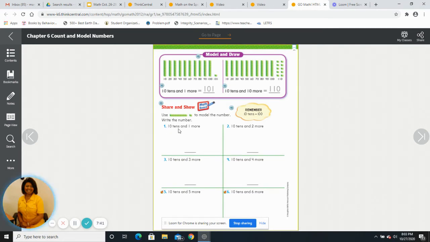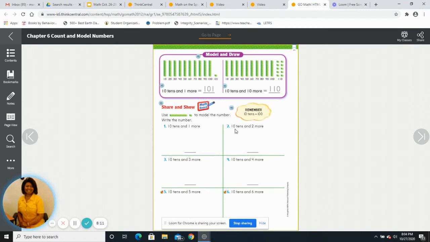So you're going to model the number and write the number. So 10 tens and one more. So how could you model that? Well, you can draw 10 lines and you can draw a circle to represent your ones. So for number 1, I would have 10 lines and then I would have a circle to represent 1. So 10 tens and one more, just like it is here, is the number 101.